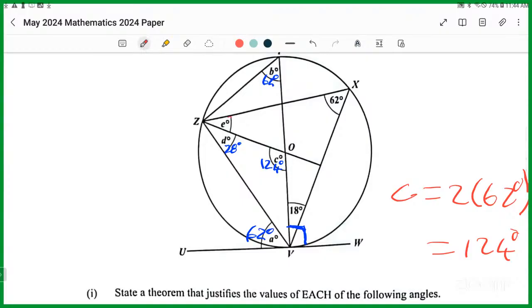So I want this angle E. It would have been a part of this triangle here. We don't know this angle, we can't assume it is 90.